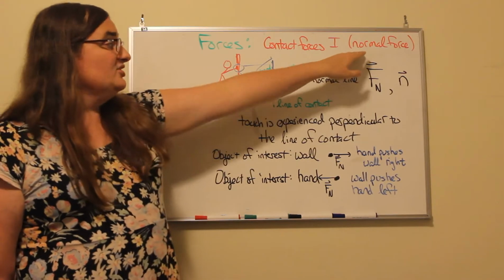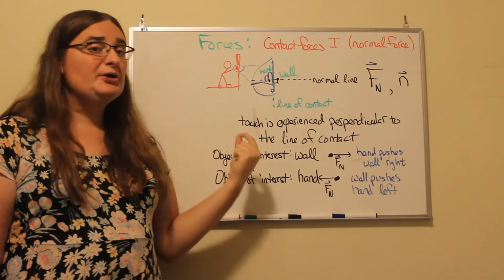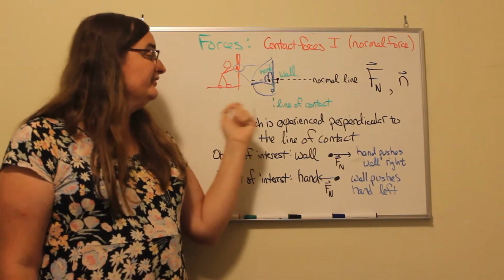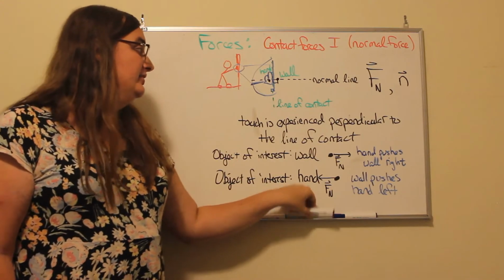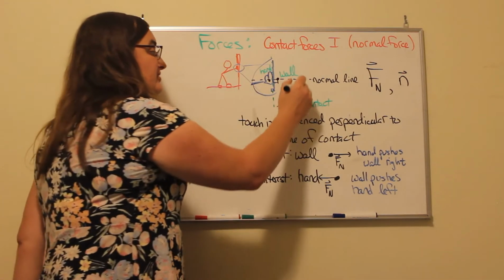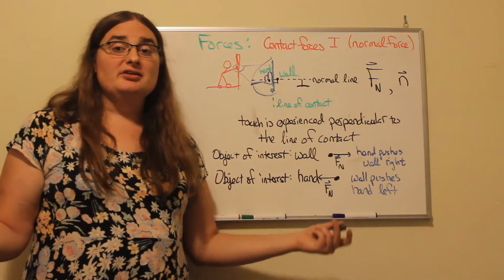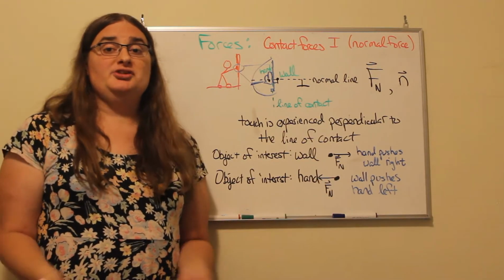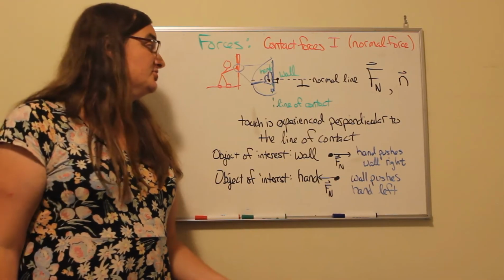Now, the reason why it's called the normal force is because that force is experienced perpendicular to the line of contact. And in math, perpendicular is called normal. So we could have called it the perpendicular force instead of the normal force, but we call it the normal force.